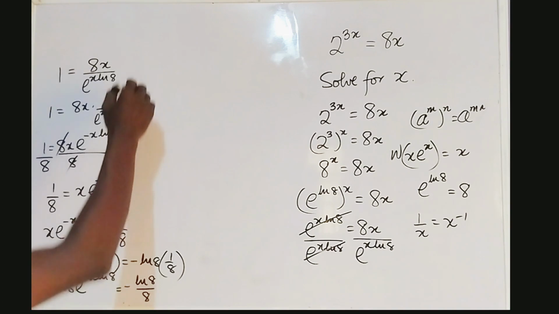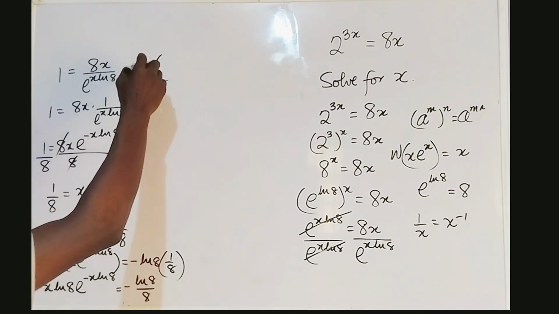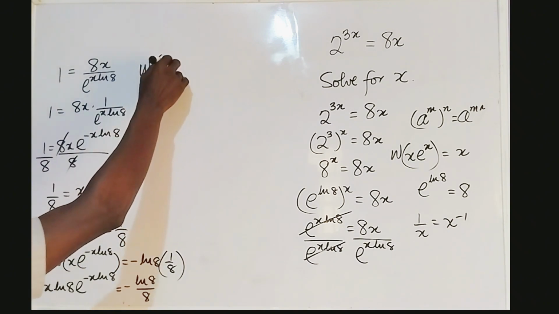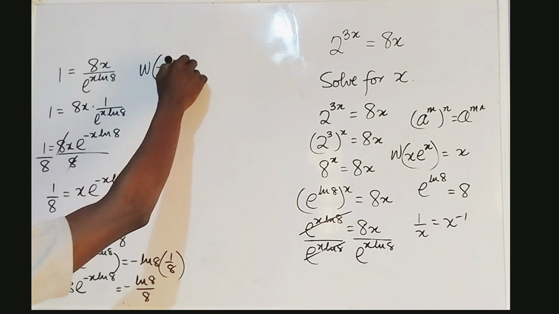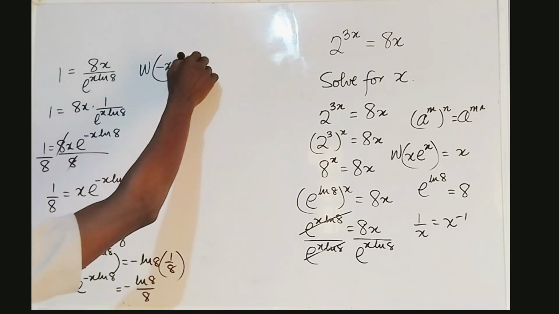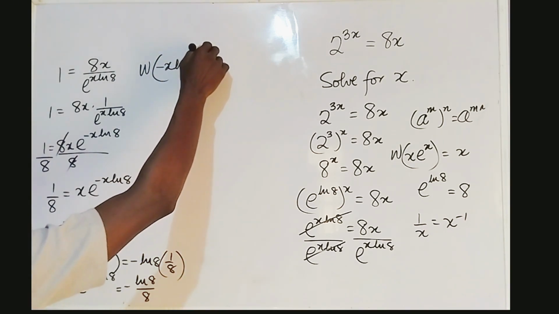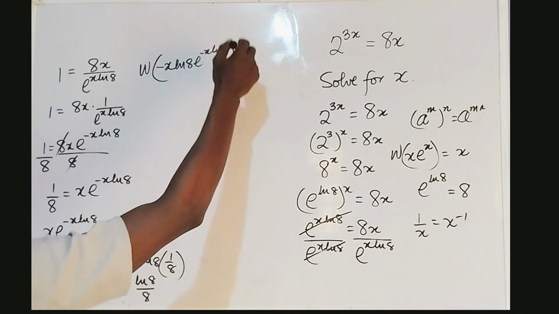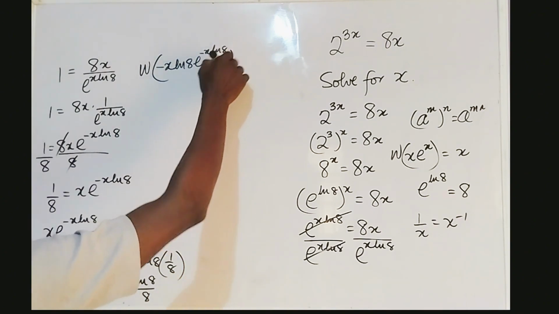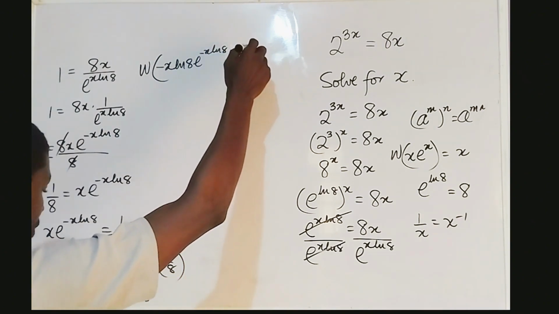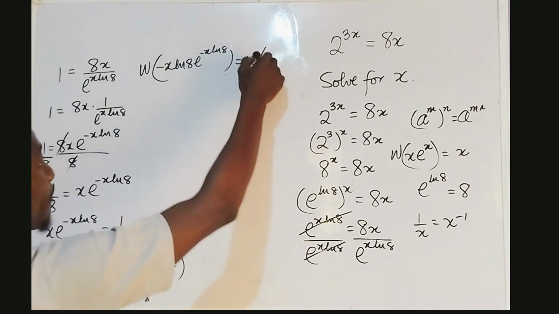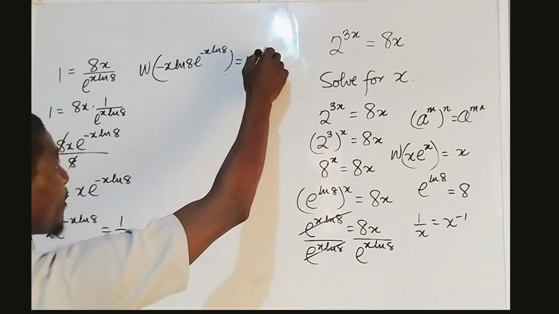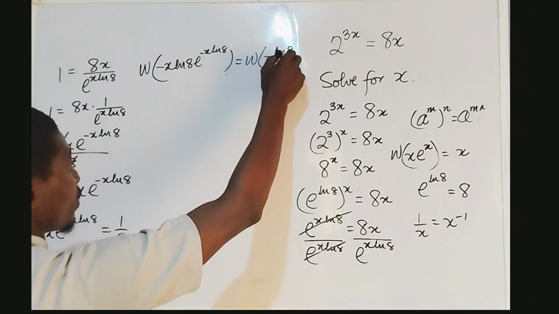By applying the W function, we now have that W, the Lambert function, of minus x ln 8 e raised to the power of minus x ln 8 equals W of minus ln 8 all over 8.